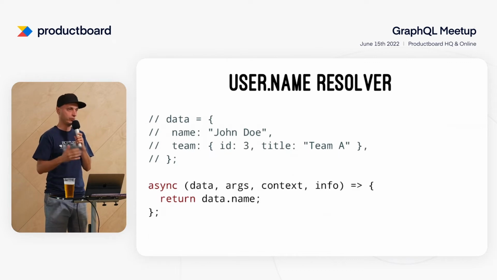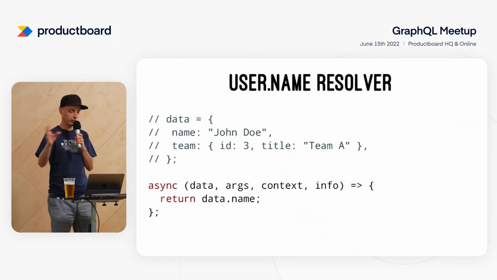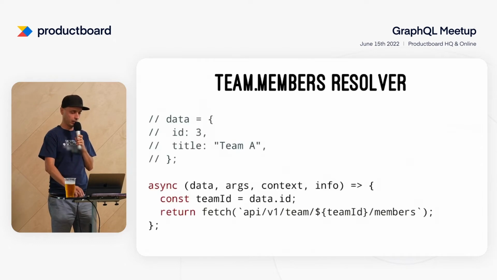The runtime uses a so-called default resolver, and it works like that: if you return an object from the parent and the field exists in the returned object, GraphQL takes care of it. So the team was also there, so the data passed to the title and members are being resolved.